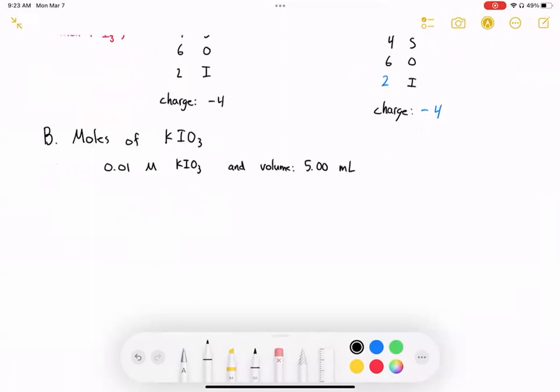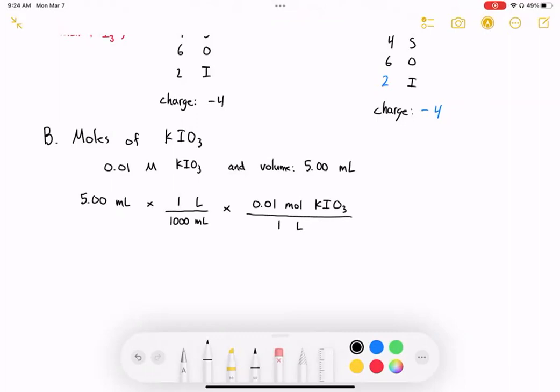Okay, so we have 5.0 mL times 1 liter gives me 1,000 milliliters in a liter, times the molarity, 0.01 moles KIO3 over 1 liter.